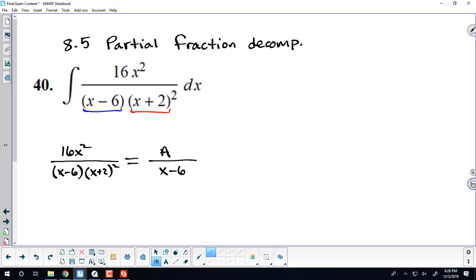And for the repeated linears, you want to account for all of them. So we have b over just an x plus 2 and a c over x plus 2 squared.